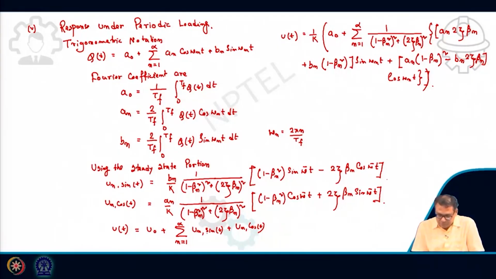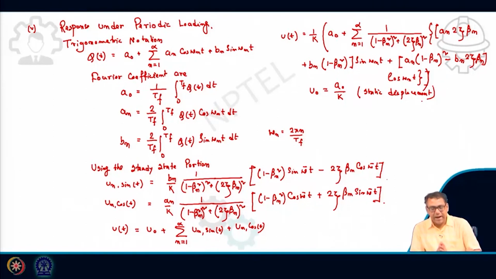Here u0 is equal to a0 divided by k, which is nothing but the static displacement.